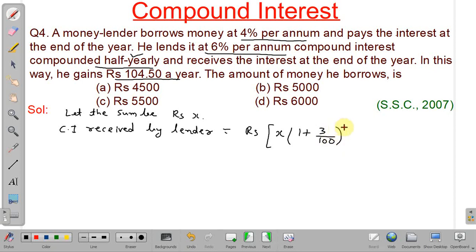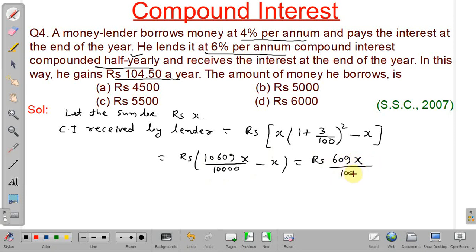So in a year there will be 2 half years. So it will be power 2 minus X. Okay. So this will be equal to rupees 10609 divided by 10,000 minus this much X minus X, and it will be equal to rupees 609x by 10,000. Okay, this much interest will be received by the lender.